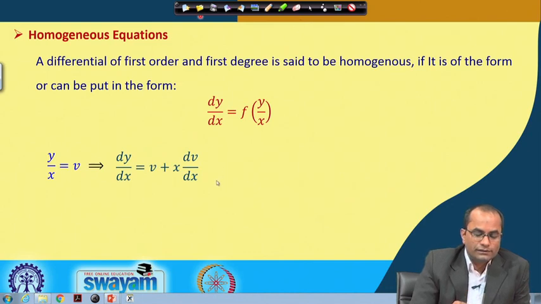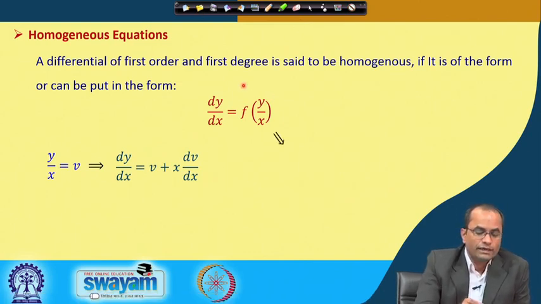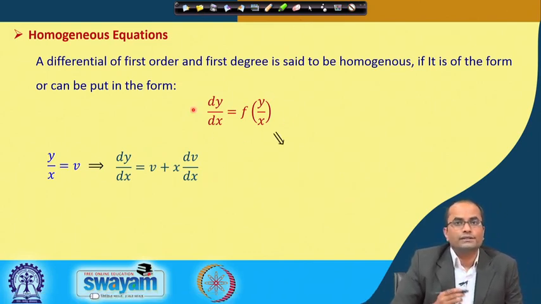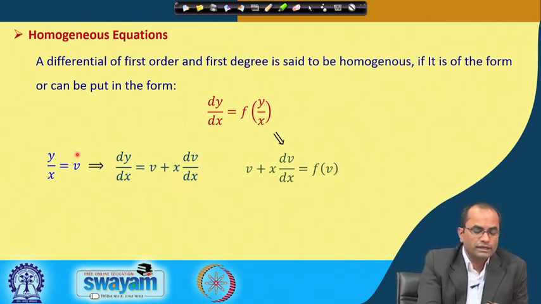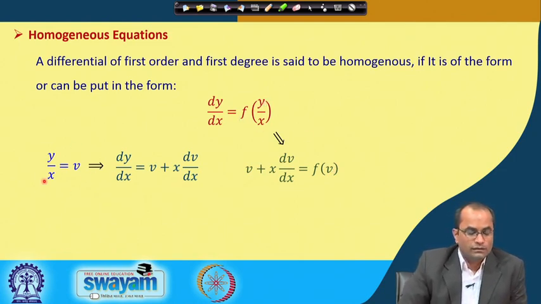Having this relation, we can convert our equation, which was given in the form dy over dx is equal to a function of y over x. So, dy over dx will be replaced by v plus x dv over dx, which is equal to the function of v, because y over x we have assumed as v.